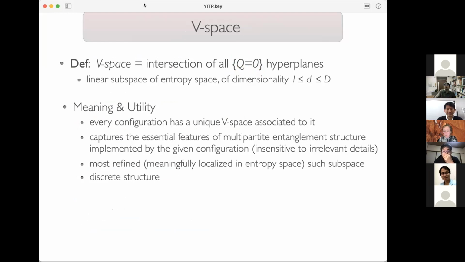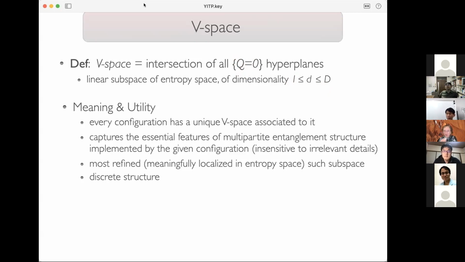Depending on how many independent ones you have, the dimensionality is anywhere from the full dimension of the entropy space, if nothing vanishes, to just a one-dimensional thing if there are d-1 such independent information quantities that vanish. So this Vspace is just some linear subspace.